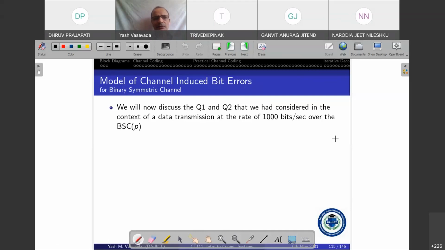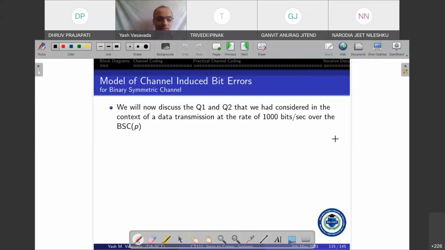And so we will look at not a complete mathematical proof, but an argument for that. And this was the reasoning behind the development of the channel coding schemes.